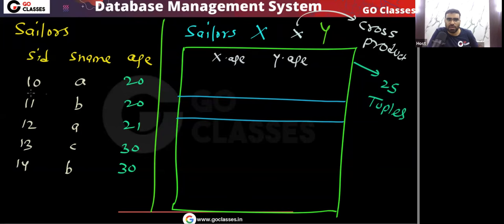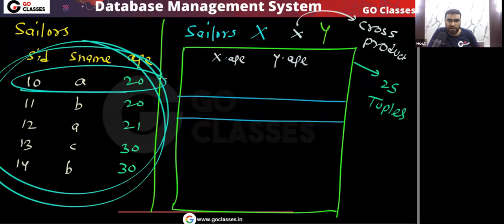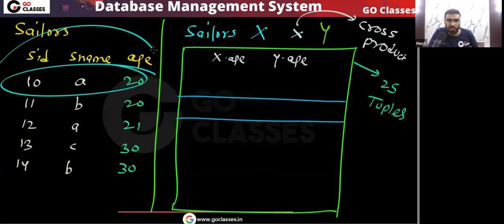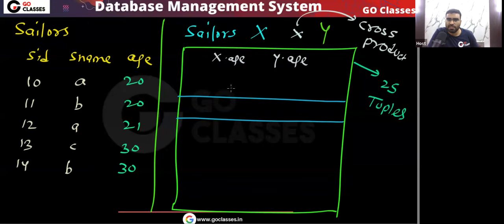Yes or no? Whatever you do, you combine this with anyone, you will never get x age greater than y age. This type of tuple you will never get for this seller.